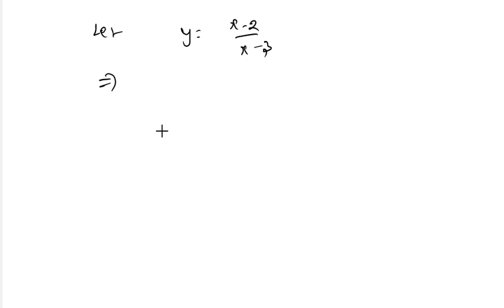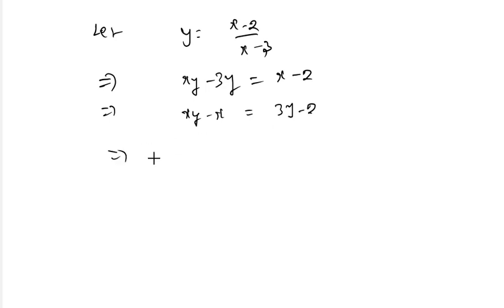We should convert it to an explicit function of x in terms of y. After cross multiplication, xy minus 3y equal to x minus 2. Take x terms one side, xy minus x equal to 3y minus 2. Now we can write x equal to 3y minus 2 by y minus 1.